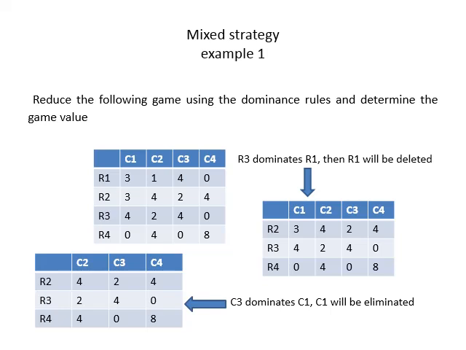So the rule states that if the values of a row are more or equal the values of another row, the largest row will dominate the lowest row.